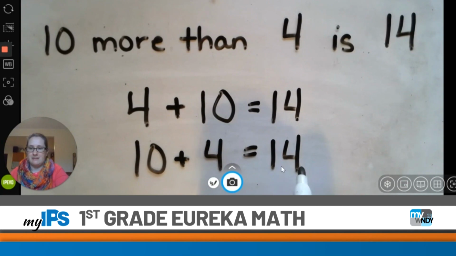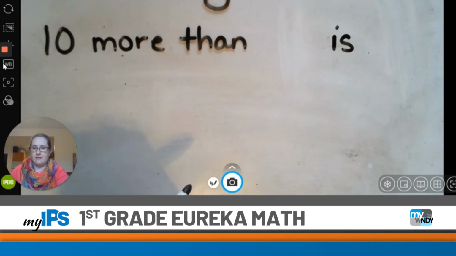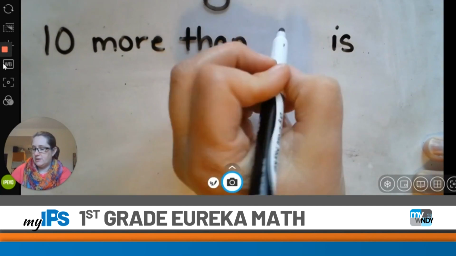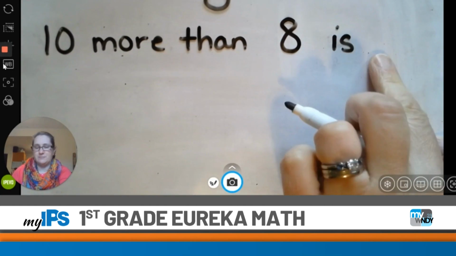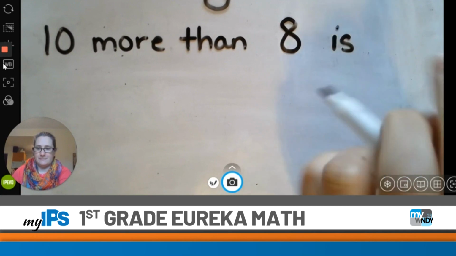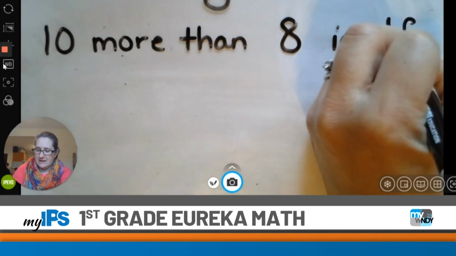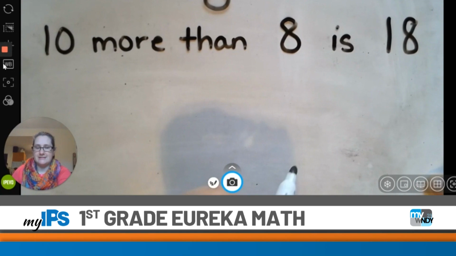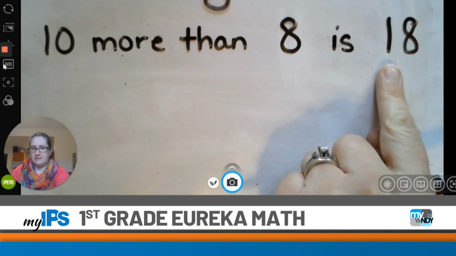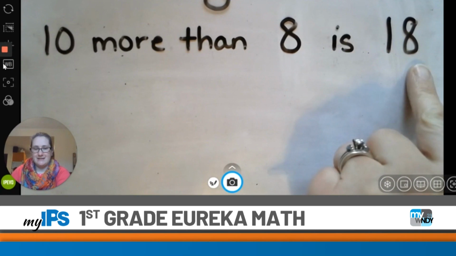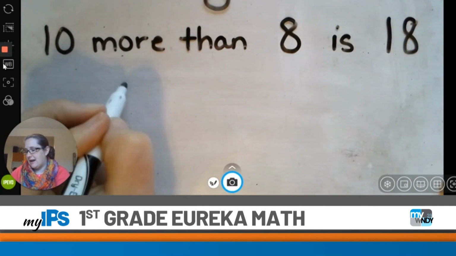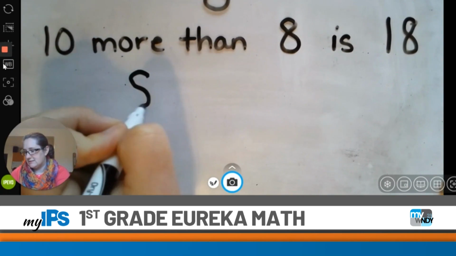Okay, let's get ready for the next one. Our next number is 8. 10 more than 8 is what number? Did you say 18? Let's say 18 the Say Ten way. You first. 10, 8. Now tell me the addition sentence that starts with 8.